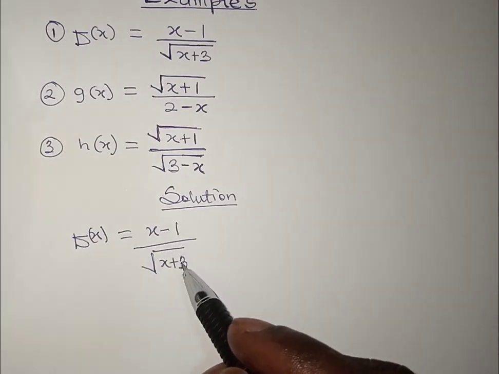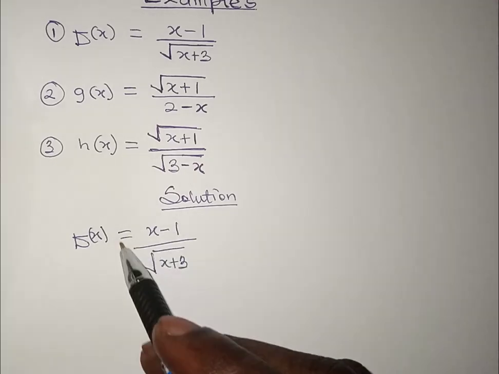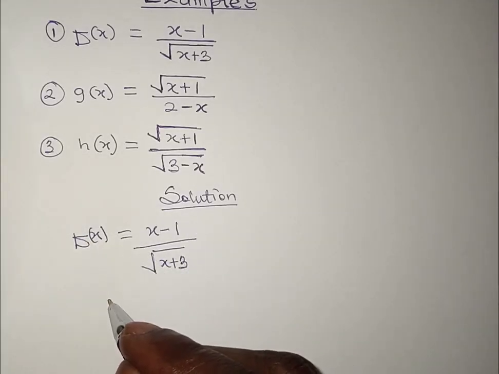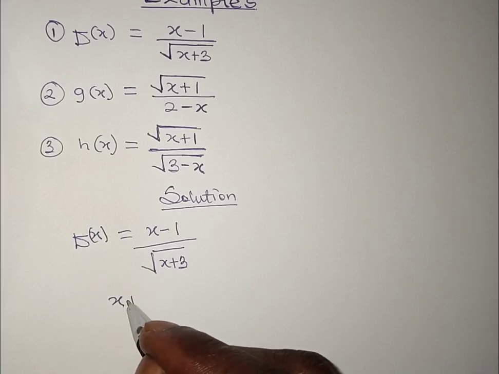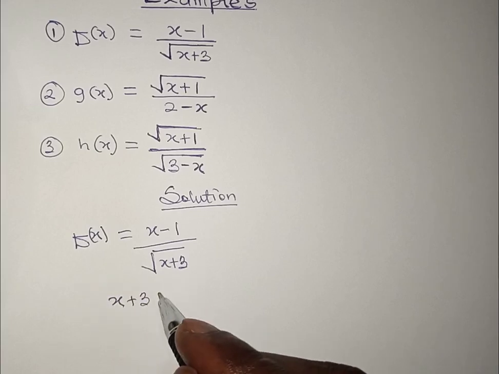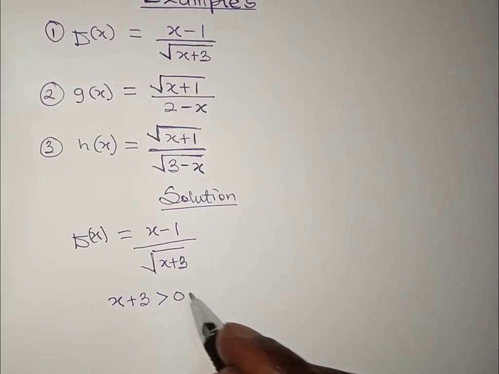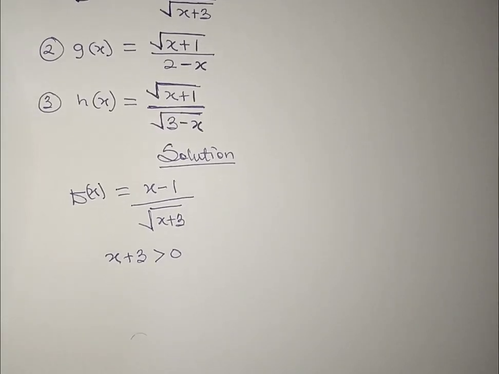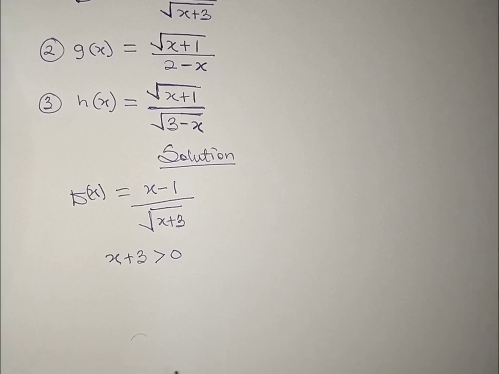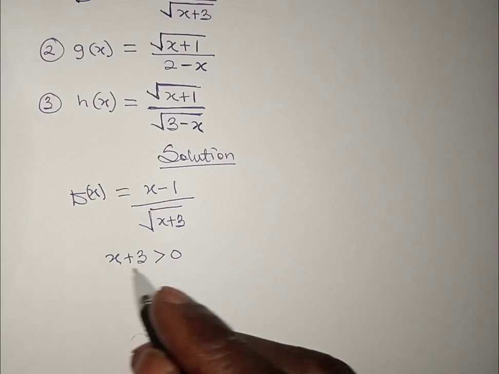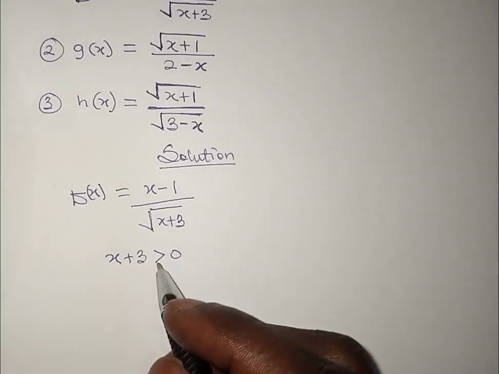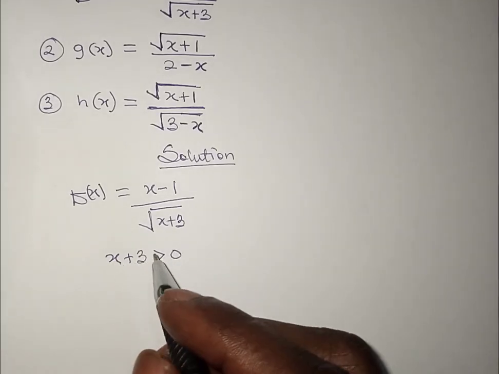If that is the case, then the only way this function can be defined is when we say x plus 3 is greater than 0. Yes, when x plus 3 is greater than 0, then the function can be defined. So let's see. This is basic principles of inequalities.